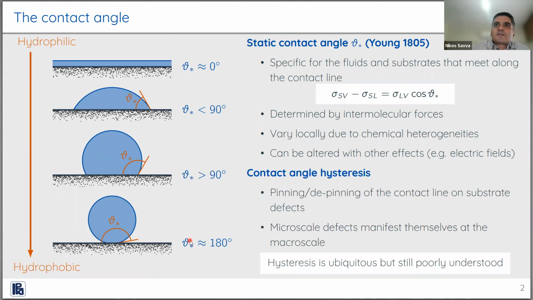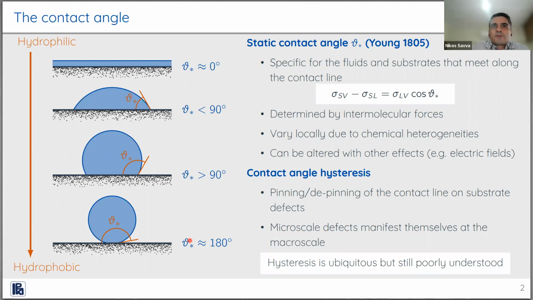In a dynamic setting, there's also the concept of contact angle hysteresis, where one typically observes that the contact line does not smoothly move on a surface, but it undergoes pinning and depinning events. And this is due to the defects on the surface.